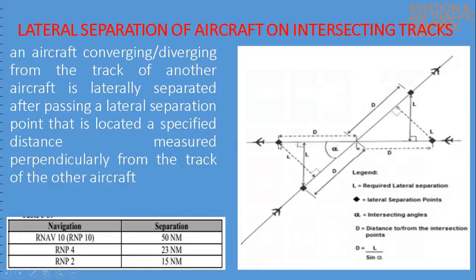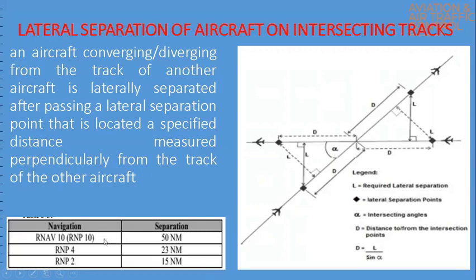Now, after this distance D, a perpendicular distance L is the desired lateral separation. From this D point, we make a perpendicular L on this track. So this is the required lateral separation. If we have intersecting tracks, this is the calculation we have to use.